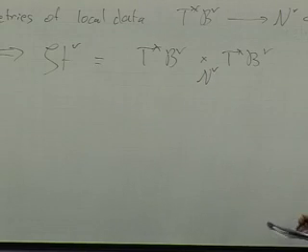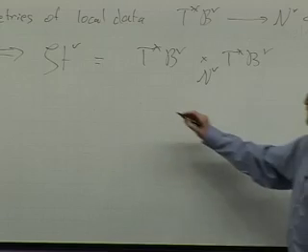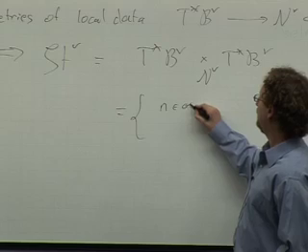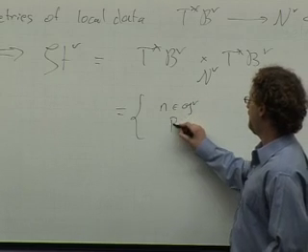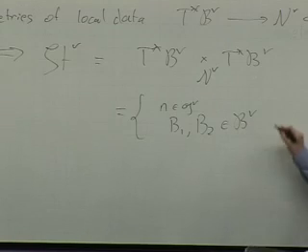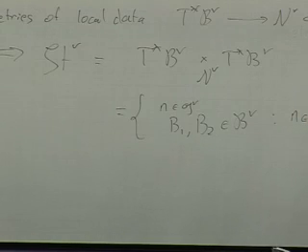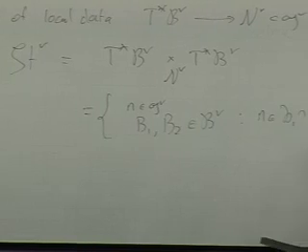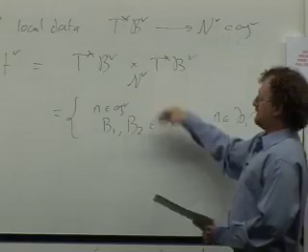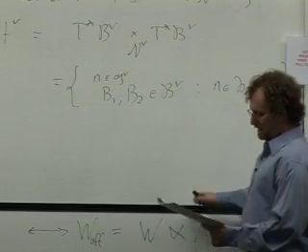What does this mean? This means triples where I have n in the Lie algebra, which is nilpotent, and B1 and B2 are both flags, such that n is contained in both, in the intersection of the Lie algebras. So that's my space.